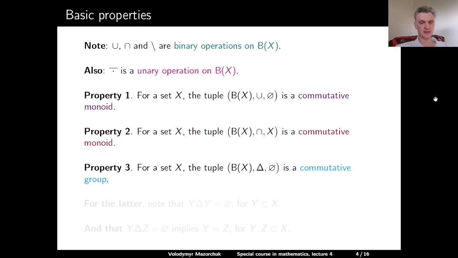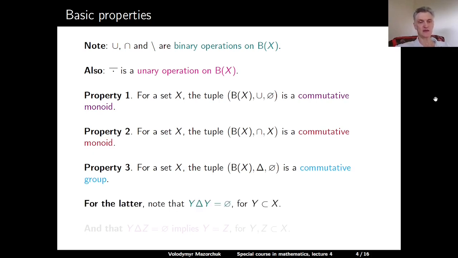For any set X, the tuple consisting of the Boolean of X, the symmetric difference delta, and the empty set is a commutative group. So the symmetric difference delta is not only associative, which is quite non-trivial, but there are also inverses with respect to delta.